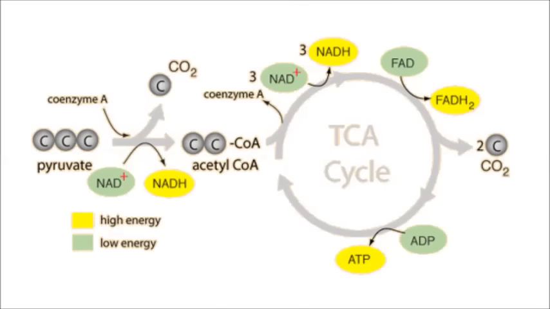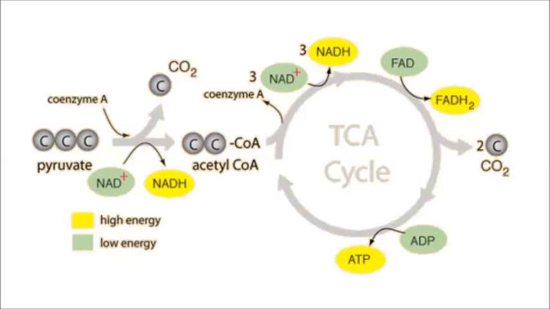The pyruvate forms a complex with coenzyme A, forming acetyl coenzyme A, in the process generating another molecule of NADH, and removing a single carbon which becomes carbon dioxide. The acetyl coenzyme A then enters the tricarboxylic acid cycle, also known as the TCA or the Krebs cycle.